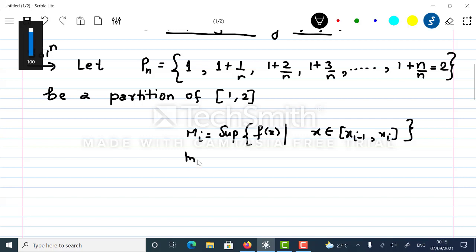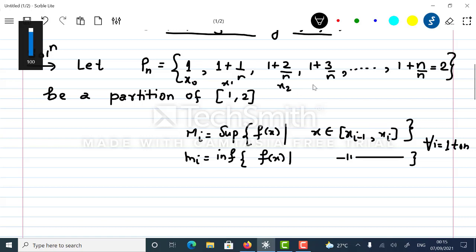Small mi is the infimum of f of x such that x belongs to xi minus 1 to xi, for all i going from 1 to n. So this is x0, this is x1, this is x2, x3, and this is xn.